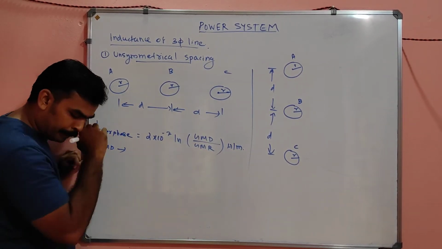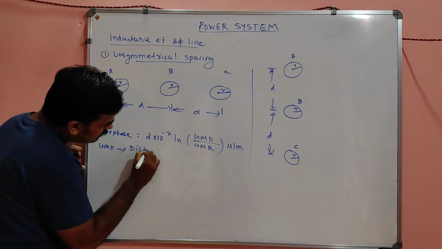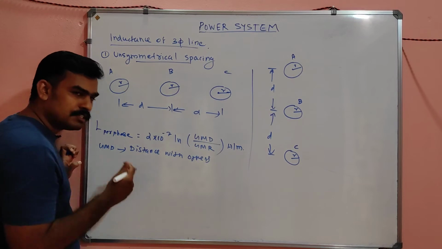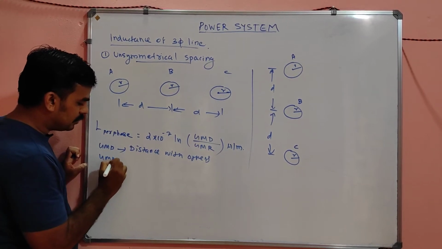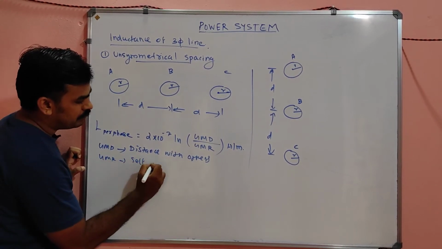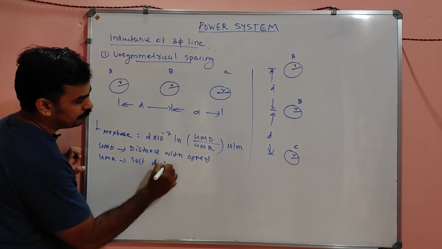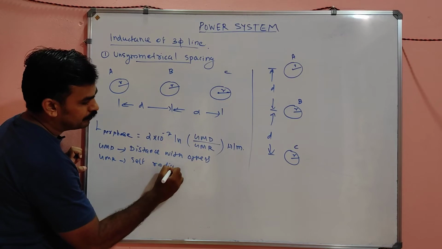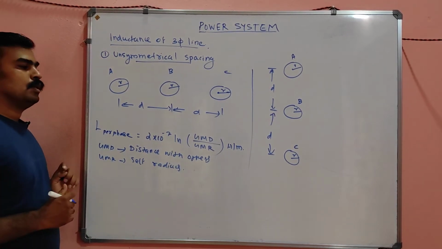GMD means distance with others. This is a short form. Distance with others. GMR, self distance or self radius, simply self radius.